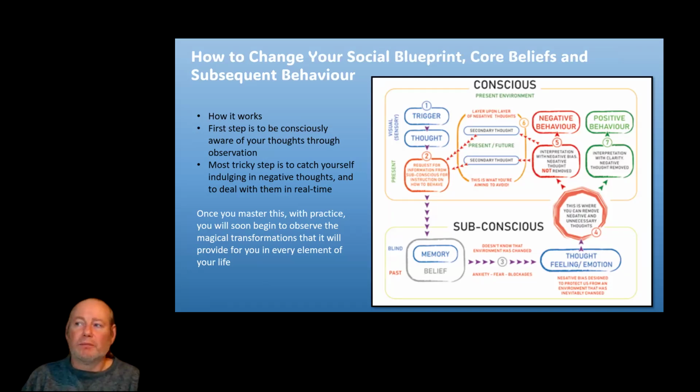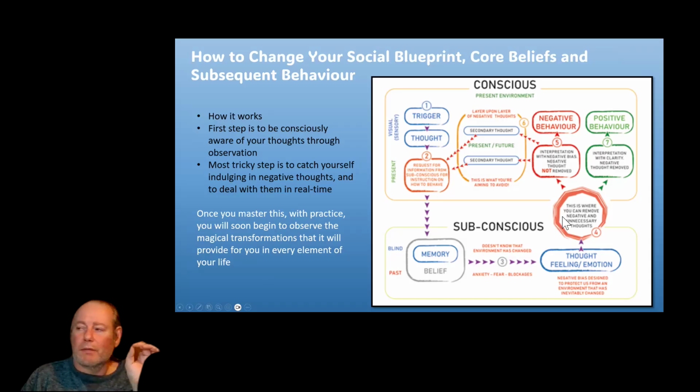So how does it work? Okay, so basically, you have a trigger, a thought, a negative thought, or a thought. We're looking at negative thoughts now, but so your conscious will request information from your subconscious. Your subconscious, by default, will provide the most negative memory, which will produce another thought or feeling. And again, as I said, if it's negative, you know. If it's positive, you know.